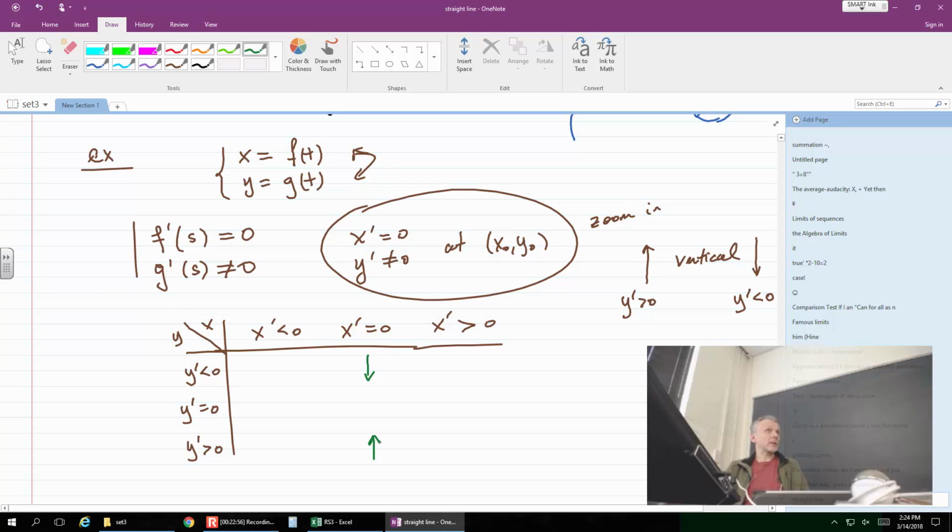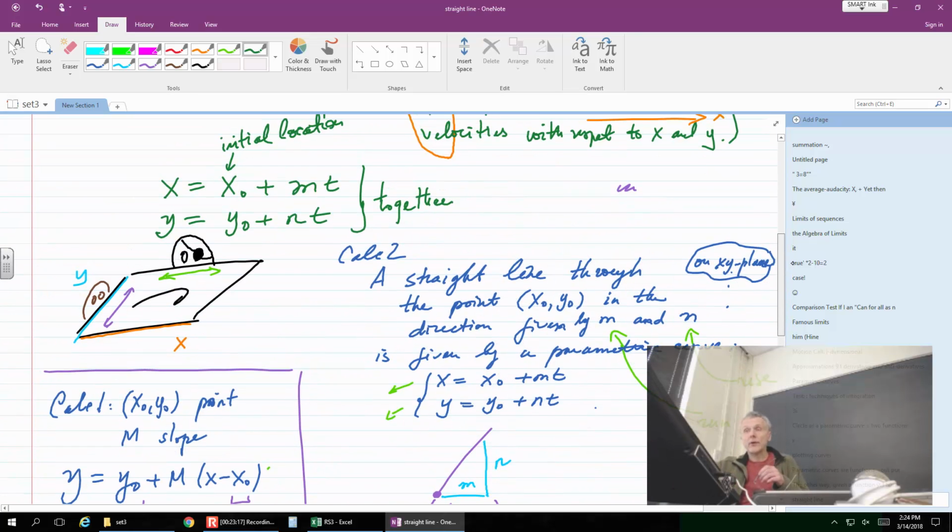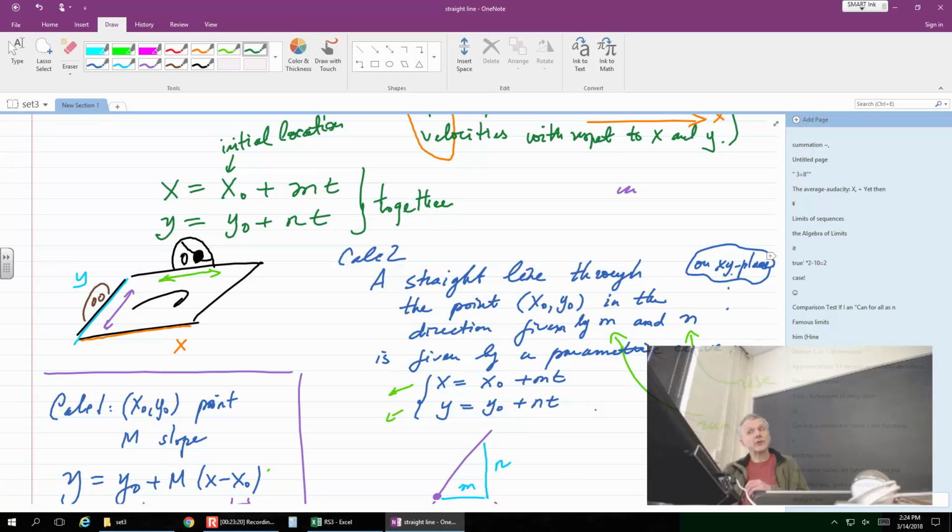So what does it mean? Y prime is, well, once again, if you're not sure, think in terms of motion. And once again, x gives you your velocity with respect to x.